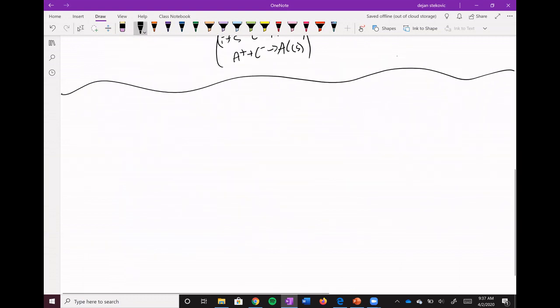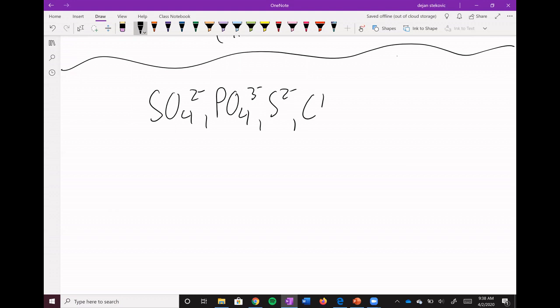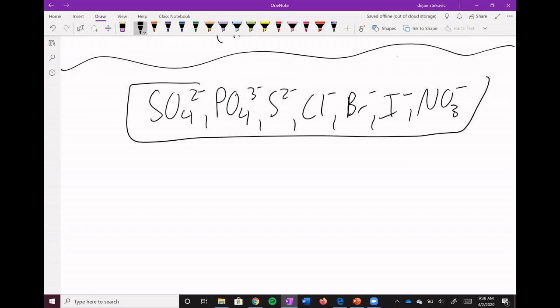So let's think about what kind of anions we're going to be studying today. So the first one, sulfate, phosphate, sulfide, chloride, bromide, iodide, and nitrate. So that's what we're going to be looking for.